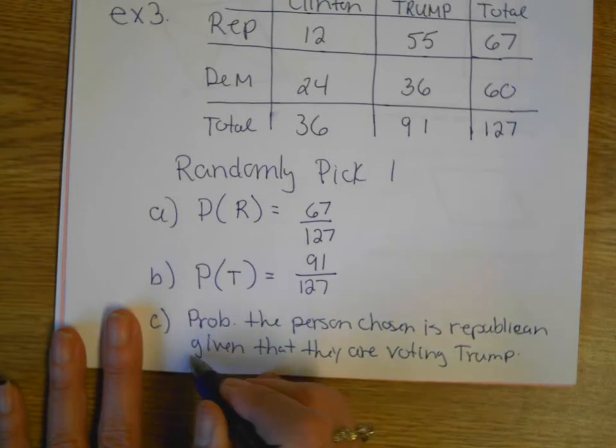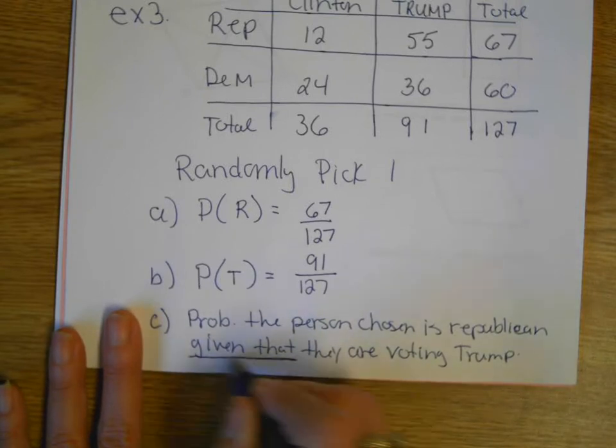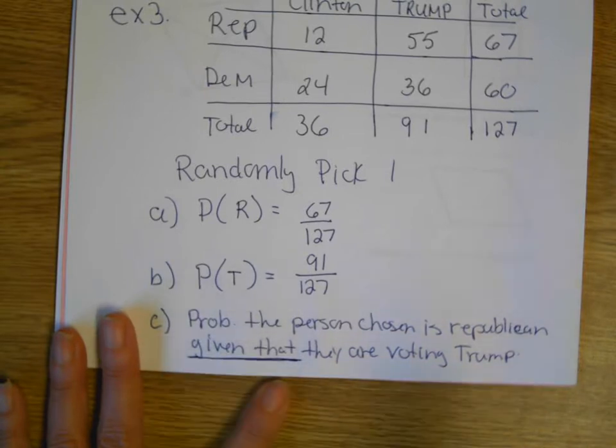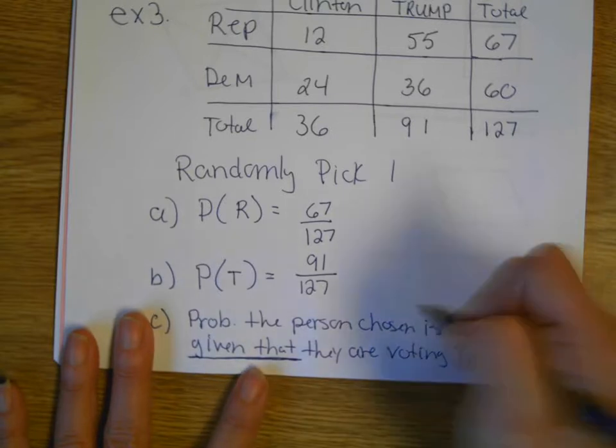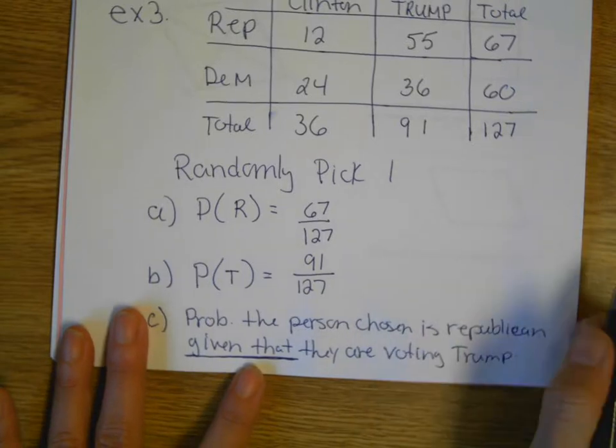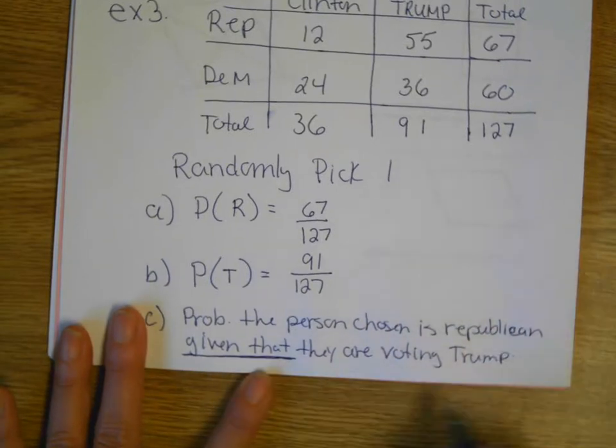So you see that phrase in there, given that. That's a condition that's being met. Probably going to reduce your sample space. Does this reduce my sample space? Yes. So what is my sample space that I'm looking at? 91. The Trump voters. Technically it's in symbols, but again, they don't give you the symbols on the SAT, they give you the sentence.